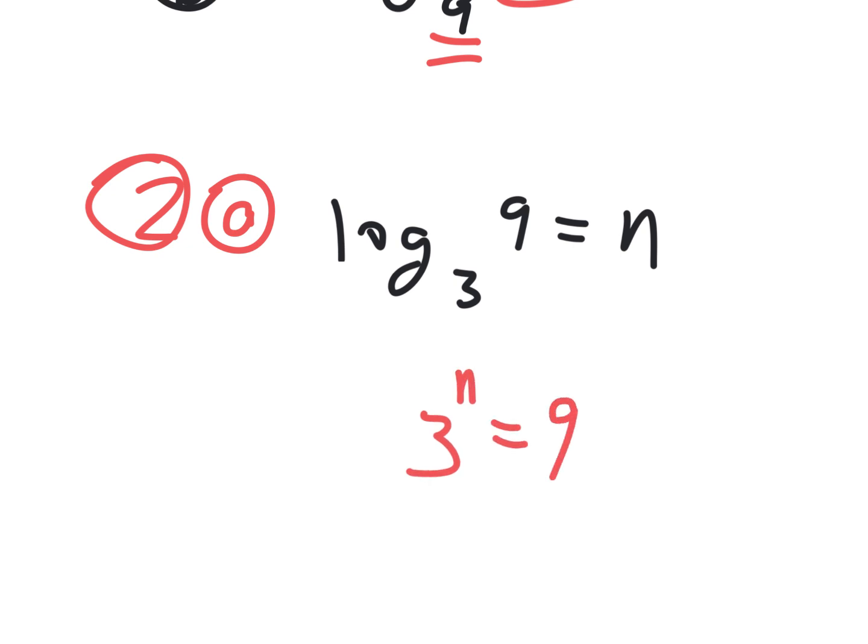And it isn't even always there. Sometimes the variable is in the base spot. Sometimes the variable is over where the 9 is. The variable isn't always where the n is. It is this time. And if they asked me to solve it, I'd know what the answer is. It'd just be 2. They didn't ask me to solve it, so I don't have to.